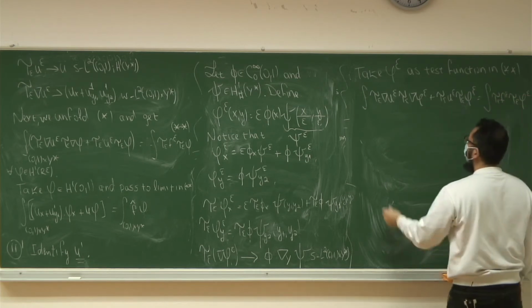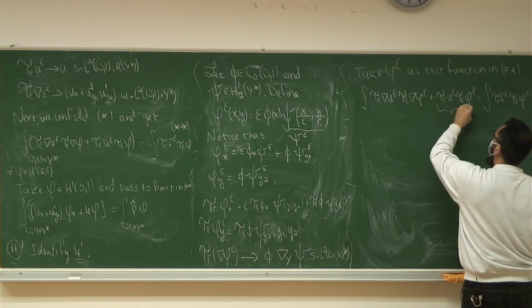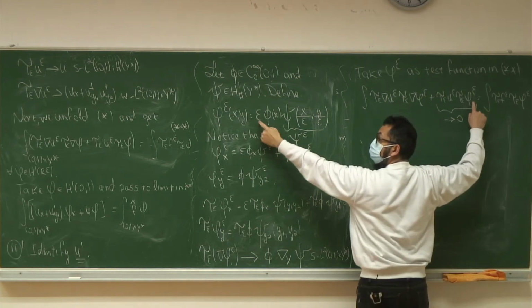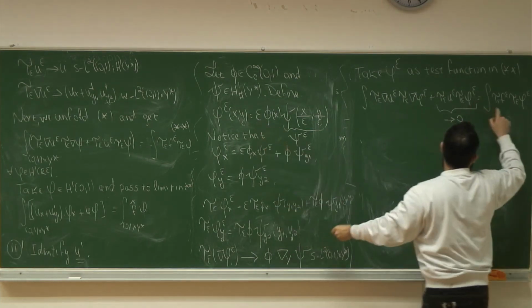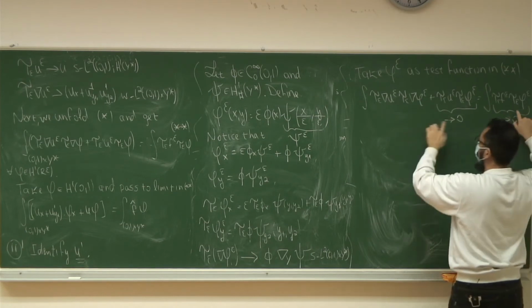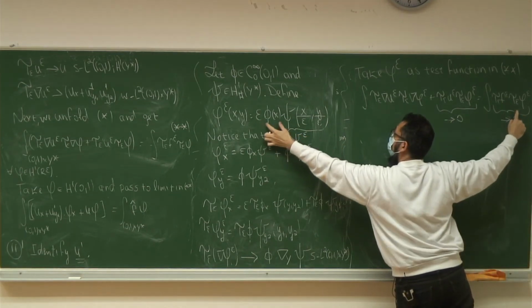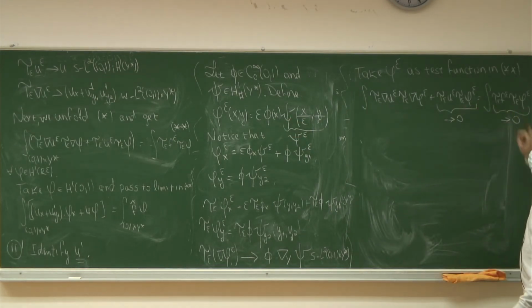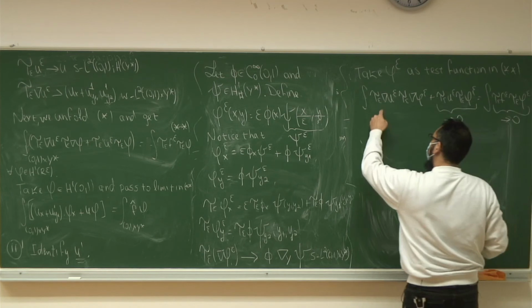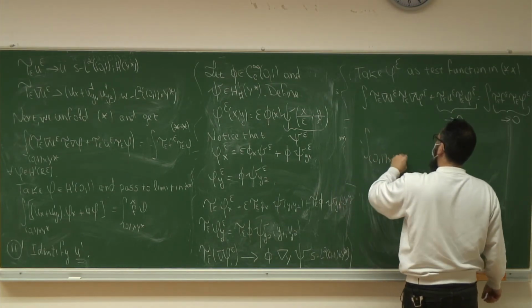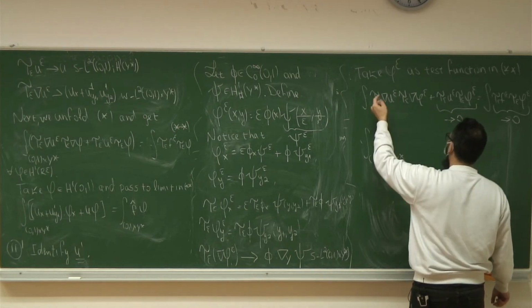so notice that this will converge to 0. Look here that the epsilon remains. This also converges to 0, the same thing. We have an epsilon here and something that converges, okay? These two terms will go to 0. This will converge to the following. Here I just dropped a little bit the domain, okay?